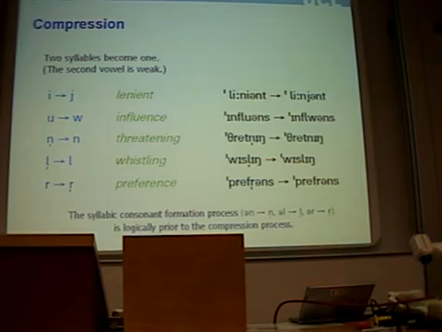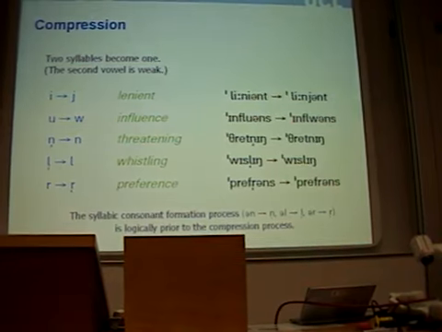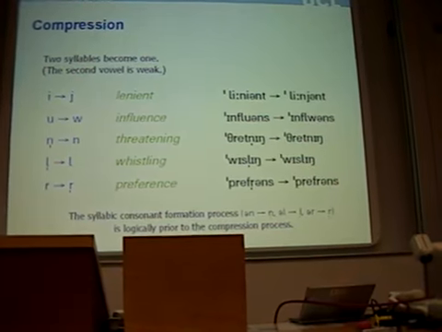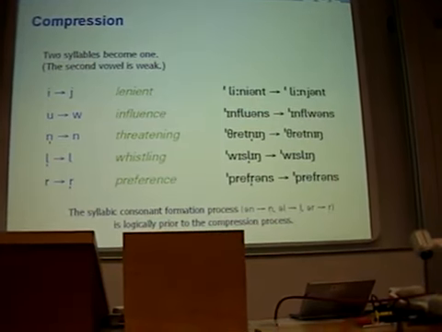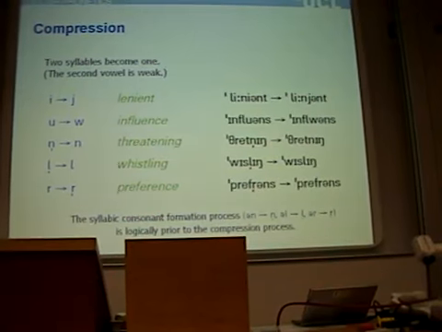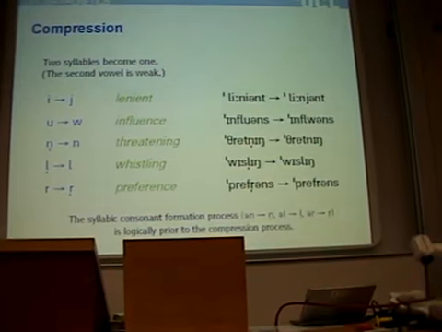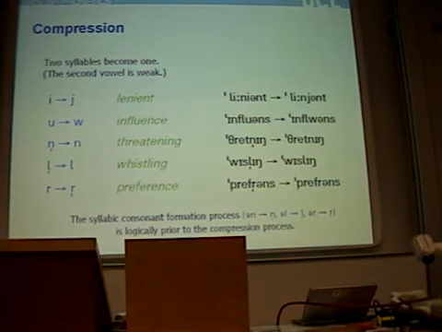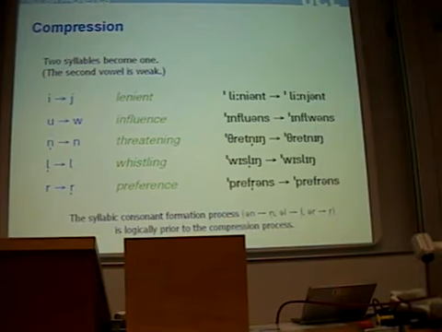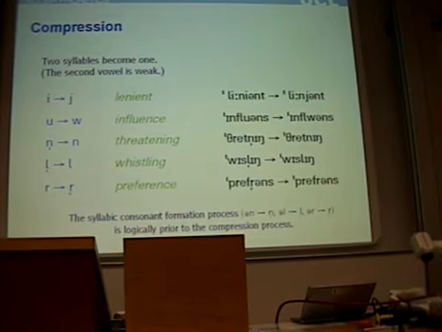You can say it as 3 syllables, lenient, tum-ti-tum, lenient, or you can say it as 2 syllables, lenient, and it doesn't matter. Influence can be 3 syllables, but we can also say it as influence, 2 syllables.